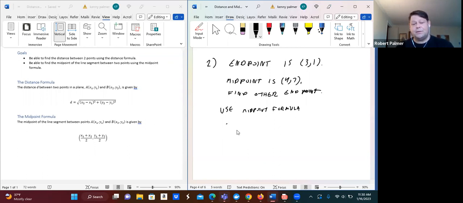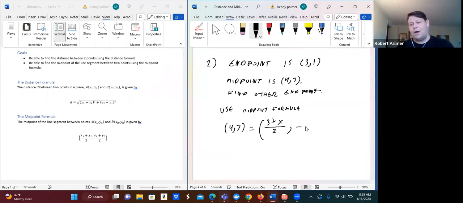Okay, so we know our midpoint is 4, 7. If we use the formula, plug in what we know, one of our points, it doesn't matter which one we call it, is going to be 3, 1. So in our formula, we know one of our x coordinates is 3. So let's make this 3 plus, let's call the other one x, our unknown one, over 2.